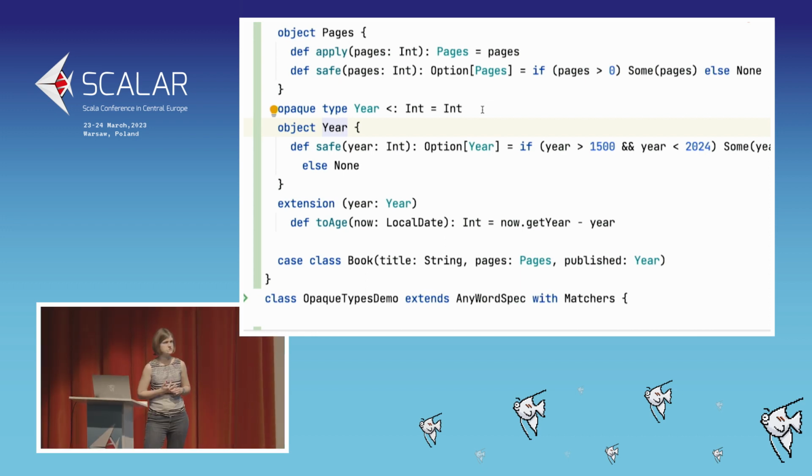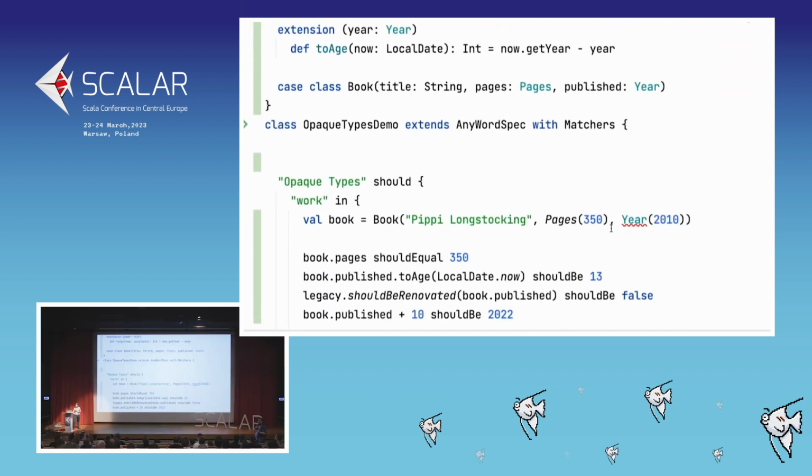Opaque type Year is something more than Int, so if you give an Int, there's not enough information. Here it is something more. It's just that it has a subtype of Int. Yeah, thanks.